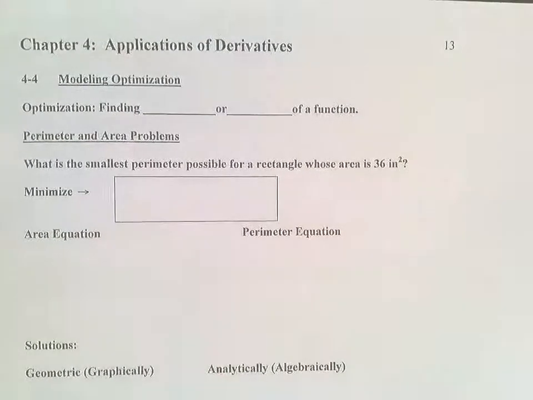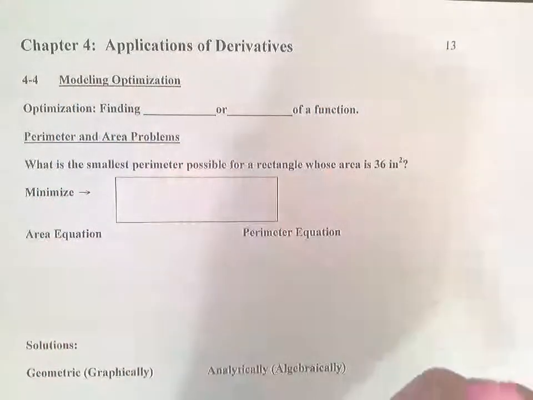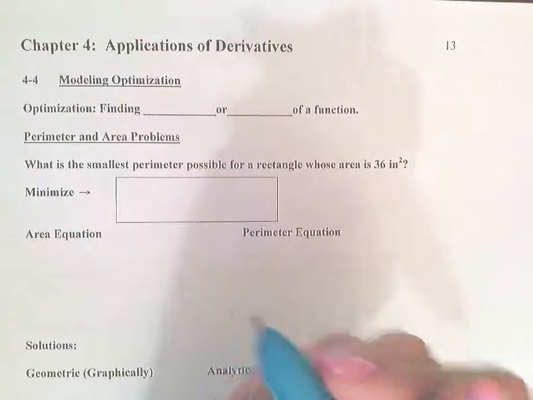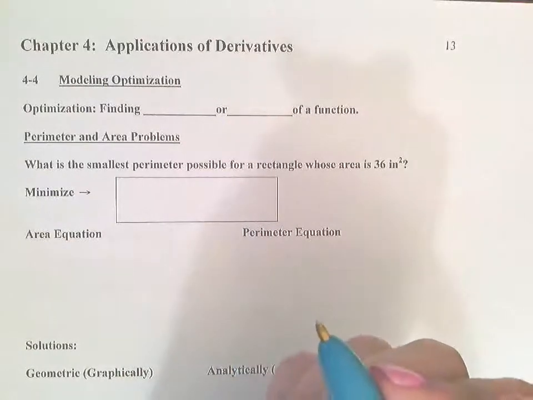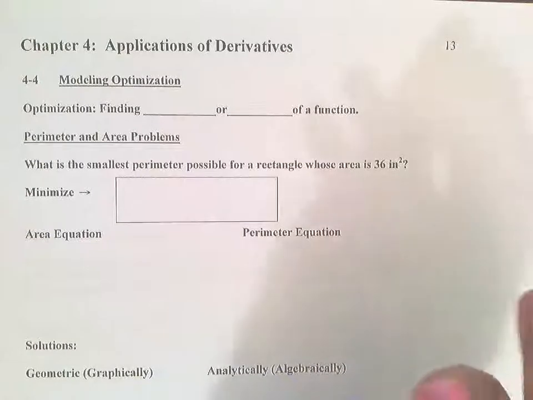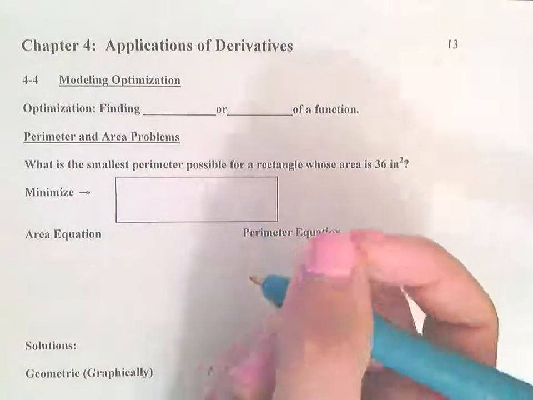All right, so section 4.4 is on modeling optimization. It sounds like it's a big deal, but it's really just basically using the first derivative and geometric formulas to find max and min values. So this is going to be all about story problems, okay?